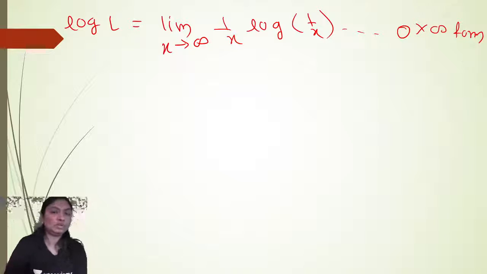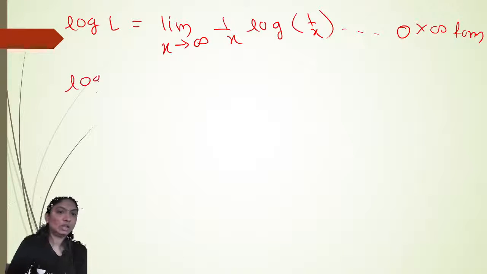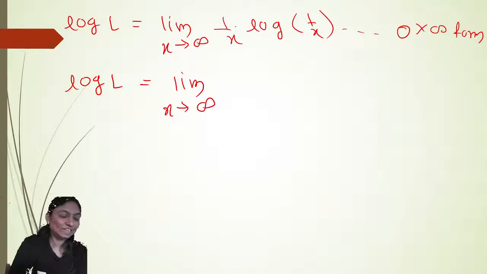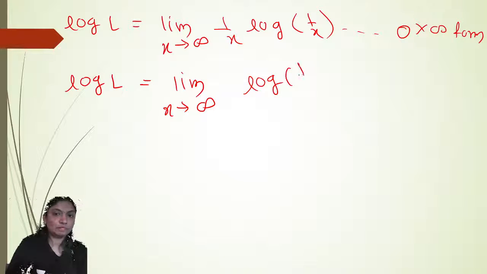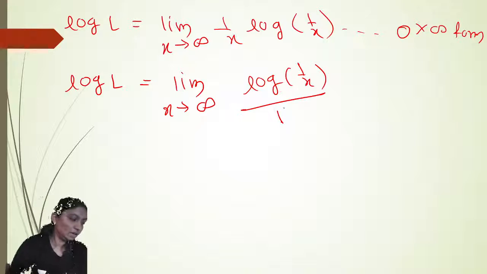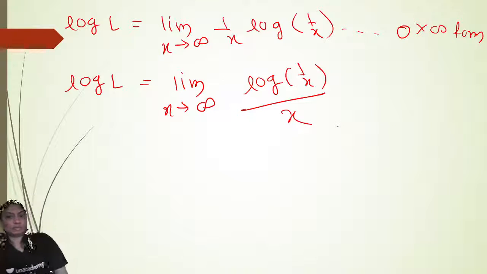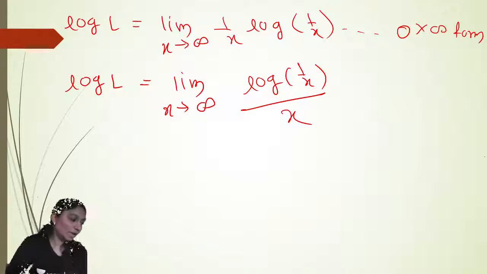So what we will do? We will convert it into, see here, log L is equal to limit as x tends to infinity. I am adjusting this 1 upon x in the denominator so that it will be converted into either 0 upon 0 or infinity upon infinity form. So log of 1 by x upon x.